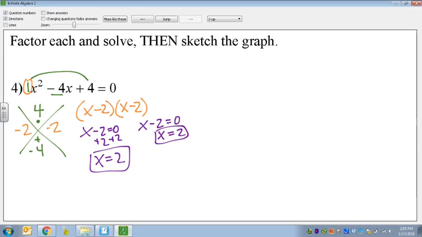Okay, so if we think about it real quick, if we graph this out, x equals 2. Okay, so I know that's where it crosses the x-axis because that's a real number, but it only crosses there. But let's go through the rest of the end behavior here. So I go back and I look at the very first term, 1x squared.